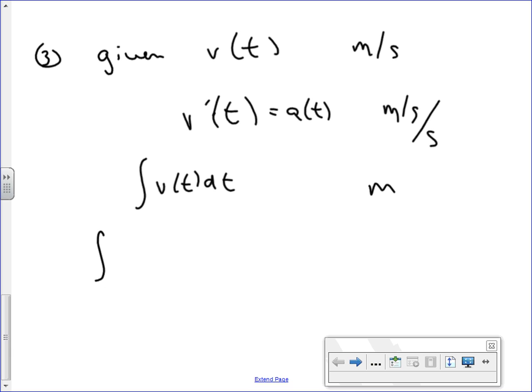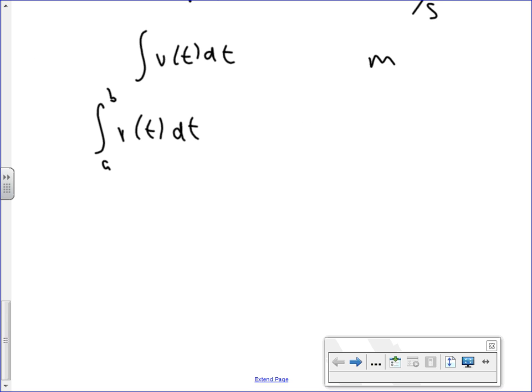If I take the definite integral from A to B of the velocity, you're going to get an amount of change. Meters. And the word for this in physics is displacement.